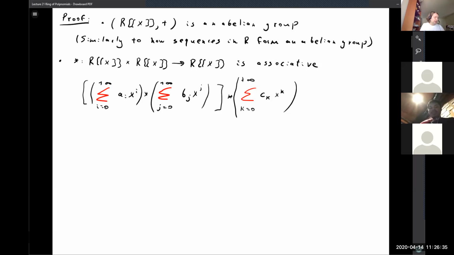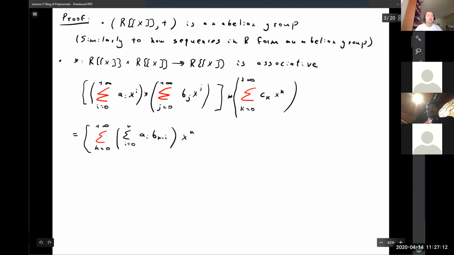And what happens then is we just apply the definition of multiplication for the first two. So what we will get is the formal power series, where the index of summation n runs from 0 to plus infinity, for which the coefficients are an actual sum from i = 0 to n of a_i b_{n-i}.